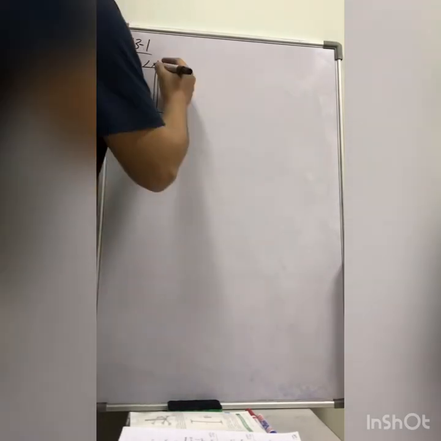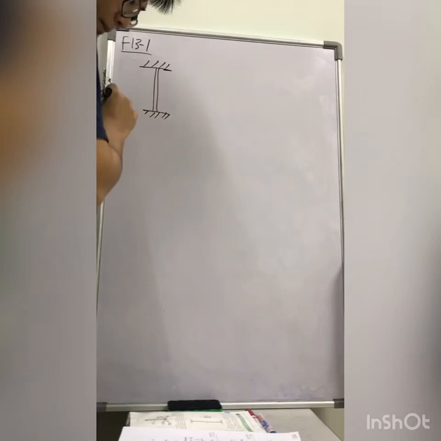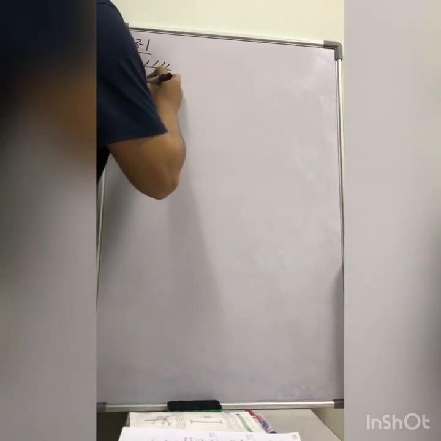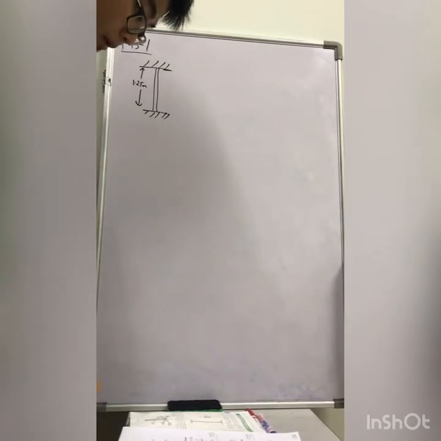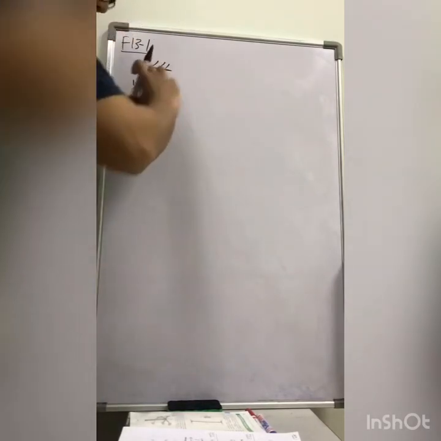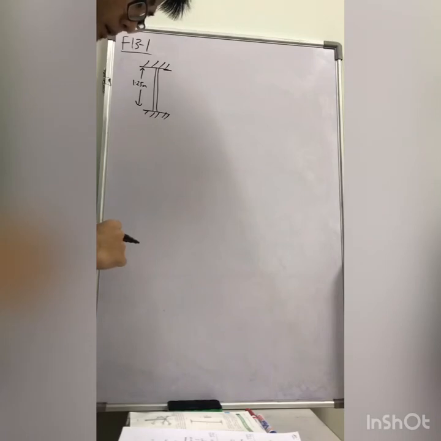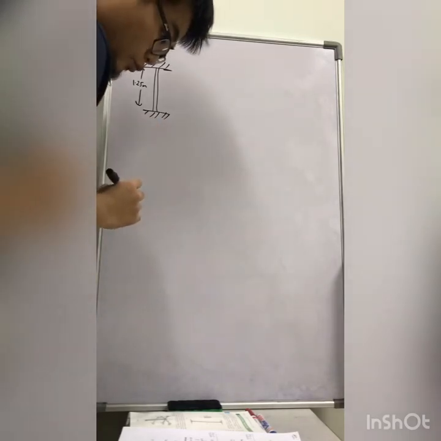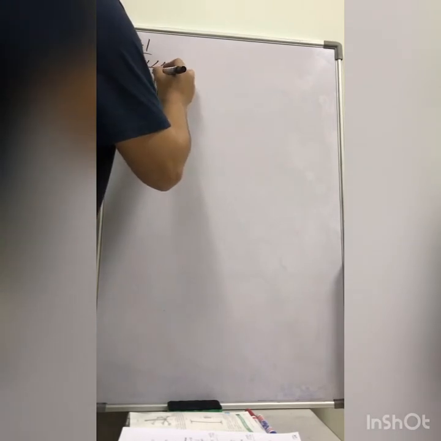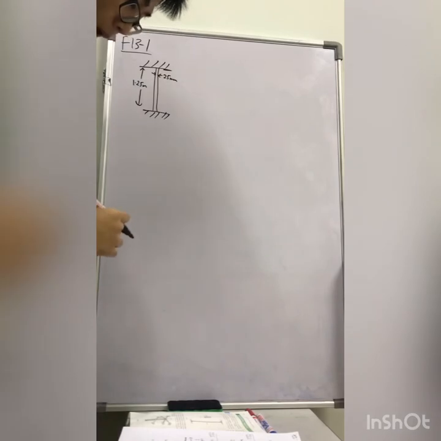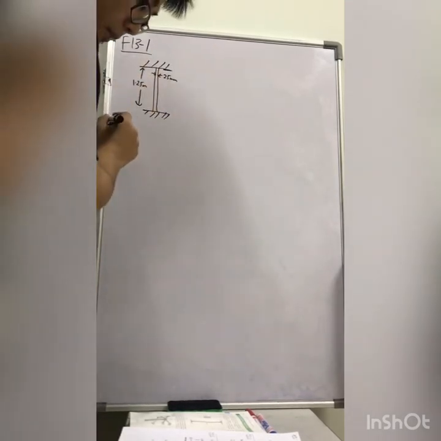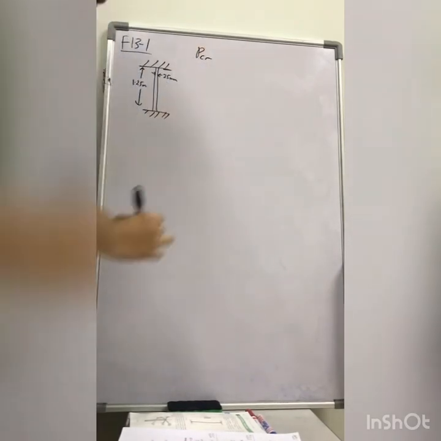The question tells you that the total length is 1.25 meter, and the diameter is 25mm. The question asks you to find the critical buckling load, which is P critical.